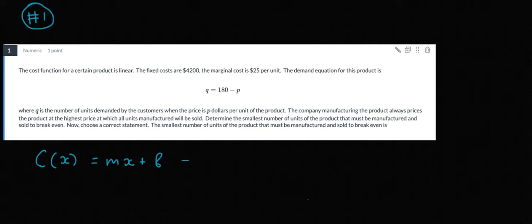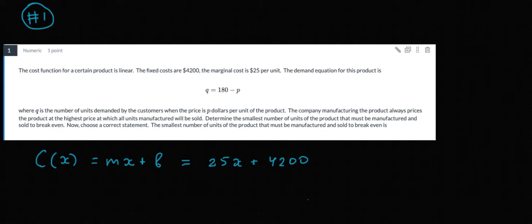Since we're told what those are, we can write down the equation in a completely determined form. m is 25, so we're going to have 25 times x plus 4,200 for the fixed costs. Okay, so that's the cost function.